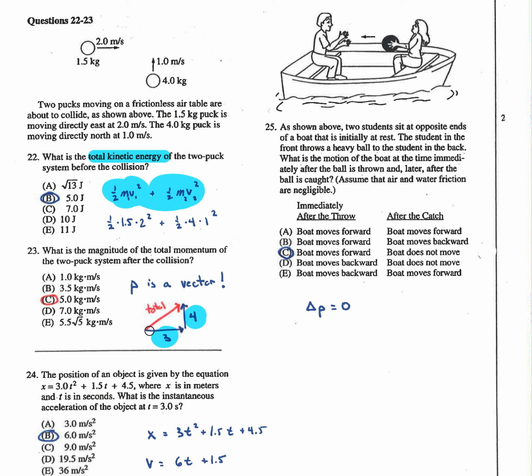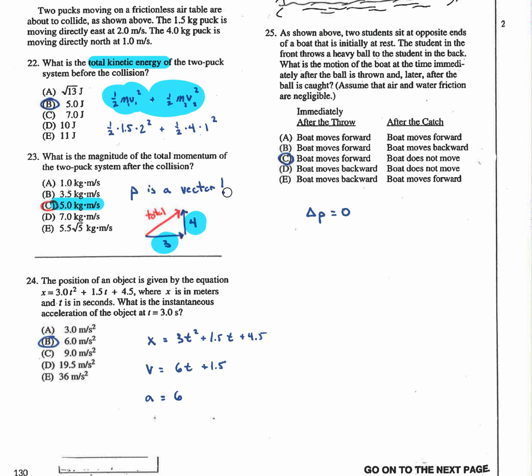Considering collisions, we conserve momentum. But momentum is a vector. So you cannot just say 3 plus 4 here. You have to do vectors and do 3 squared plus 4 squared equals 5 squared. Again, momentum is a vector. Can't just add them. Kinetic energy is a scalar. Yes, the total energy is just the addition of the two energies before.